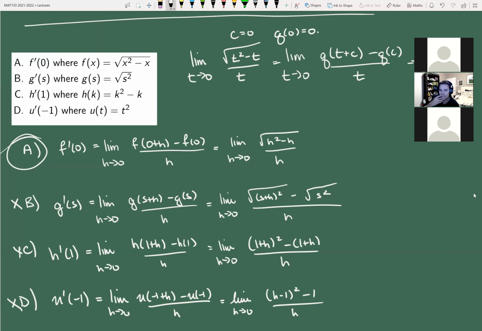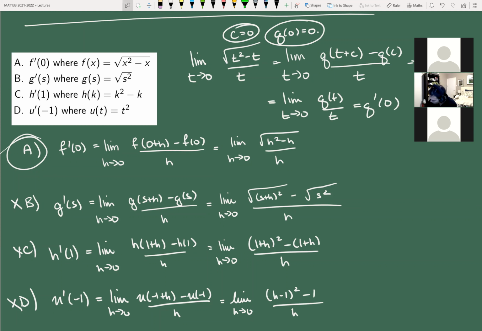So knowing this fact and knowing that C is equal to 0, that tells me I would get the limit here as T goes to 0 of Q of T minus Q of 0 divided by T. But I said Q of 0 is 0. It looks like this, right?